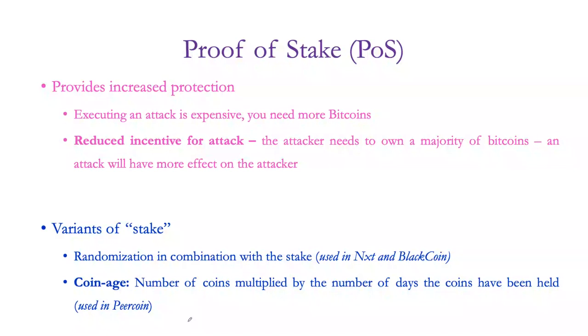Another variant is proof of deposit. The core idea behind this scheme, which is another variant of proof of stake, is that newly minted blocks by miners are made unspendable for a certain period of time.